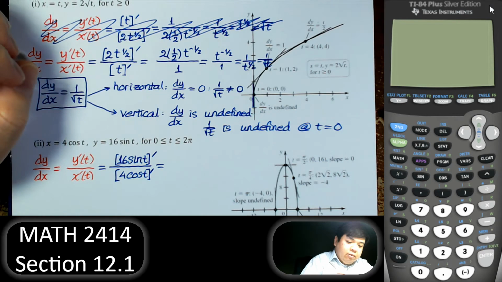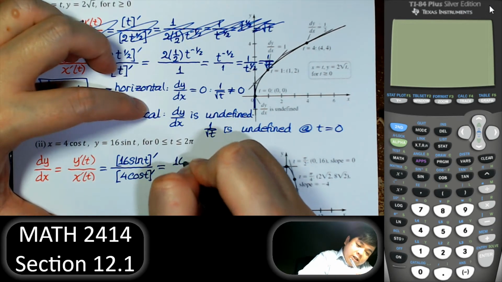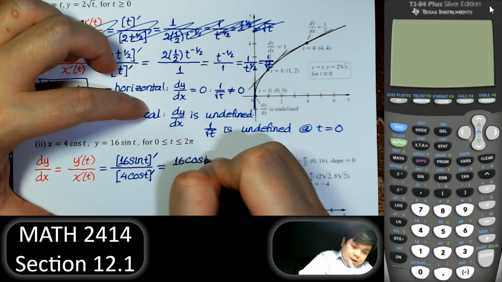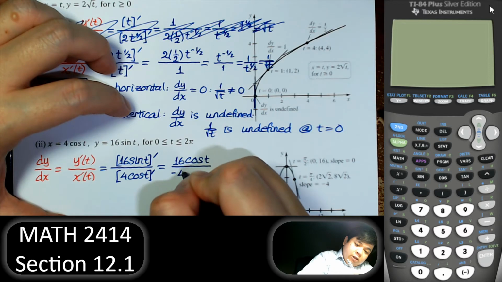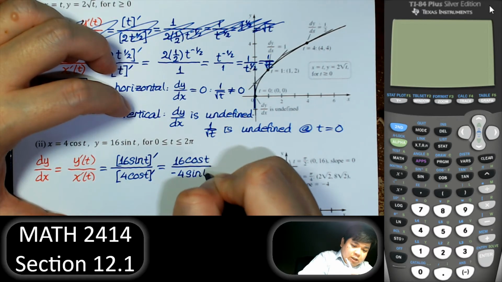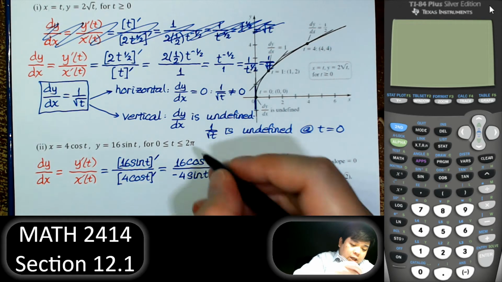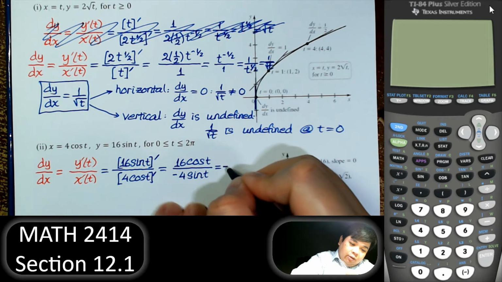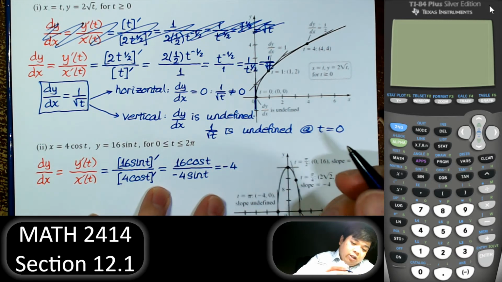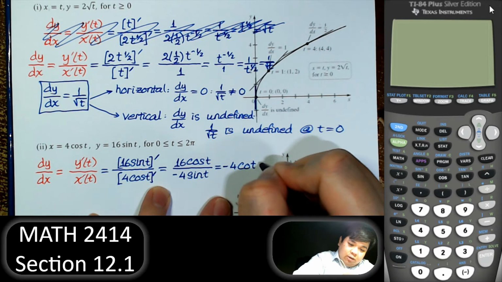Derivative of 16 sine t is 16 cosine t, and derivative of 4 cosine t is negative 4 sine t. So we will have negative 4 cosine over sine, which is cotangent of t.